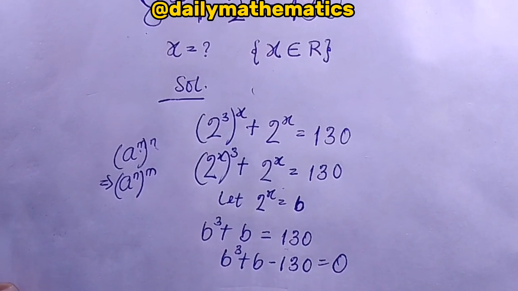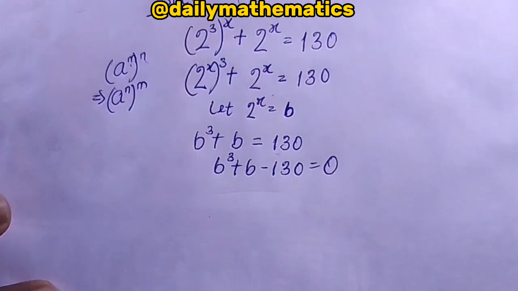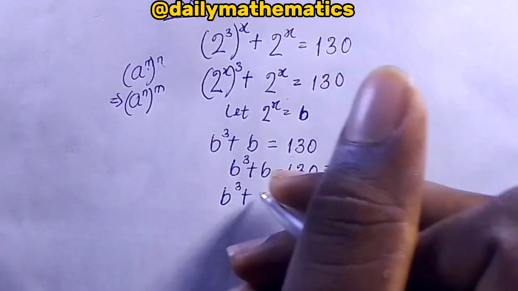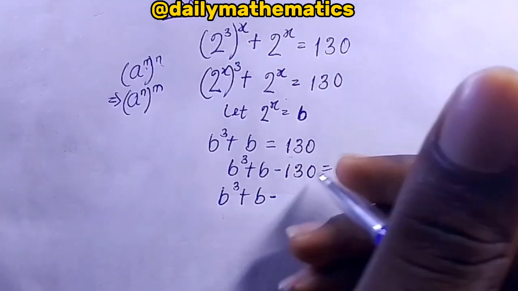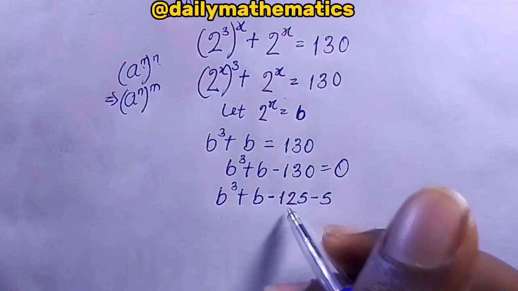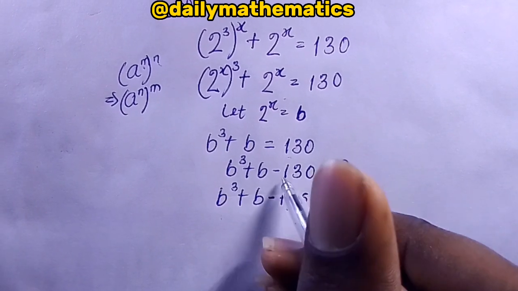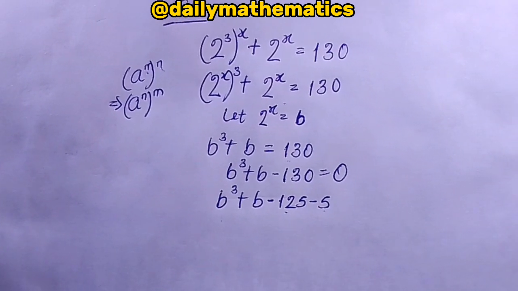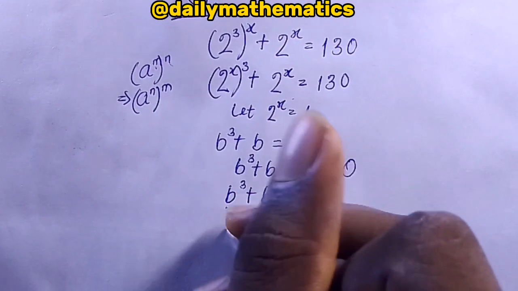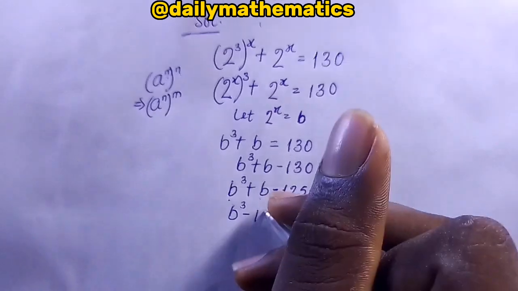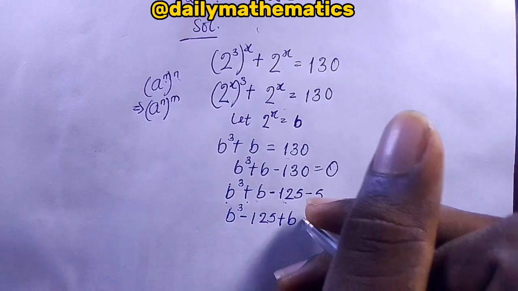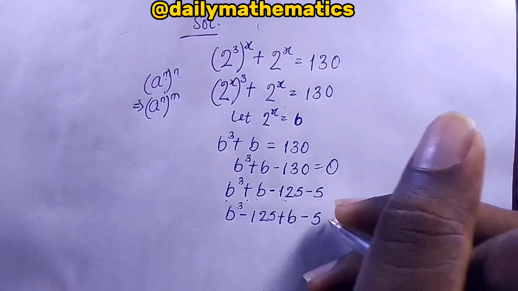Now we can break down this 130 into minus 125 minus 5, because minus 125 minus 5 gives us minus 130. So we join these two together and these two together: b raised to the power of 3 minus 125, and this plus b minus 5 equals 0.